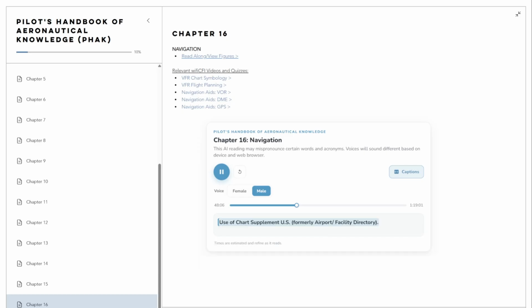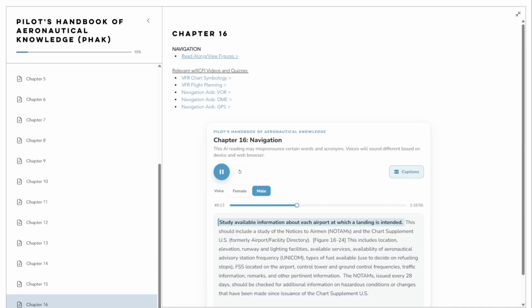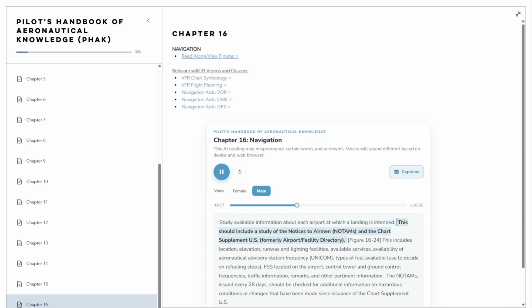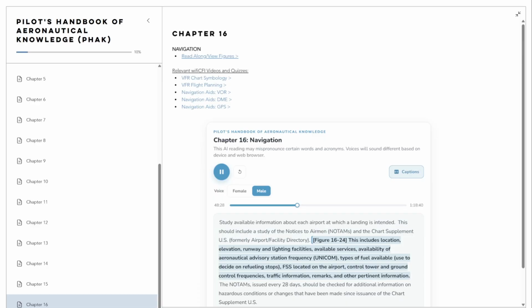Use of Chart Supplement US, formerly Airport, Facility Directory. Study available information about each airport at which a landing is intended. This should include a study of the notices to airmen, NOTAMs, and the Chart Supplement US, formerly Airport, Facility Directory, Figure 16-24.